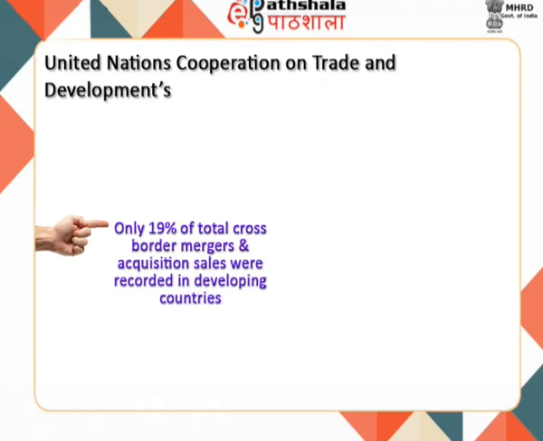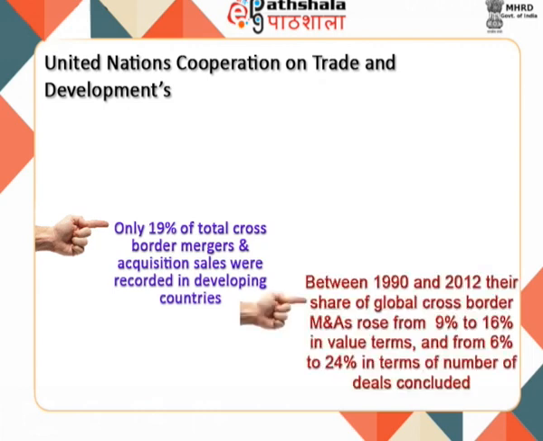UNCTAD statistics on cross-border M&A suggest that the share of M&A transactions in developing economies is on the rise. Between 1990 and 2012, the share of global cross-border M&A rose from 9% to 16% in value terms and from 6% to 24% in terms of number of deals concluded.